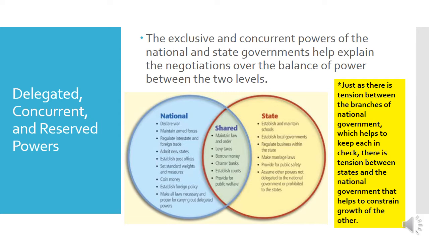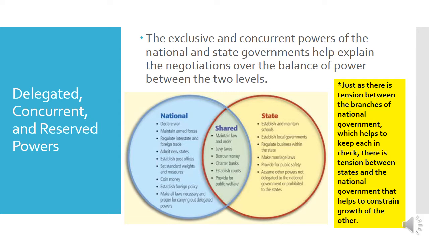So we have this nice Venn diagram here just showing you some examples. These are not exhaustive lists of all the powers that are either held by the national or the state government or concurrent powers. But here we have another example of this system that the framers of the Constitution established where there is tension between the two levels of government.